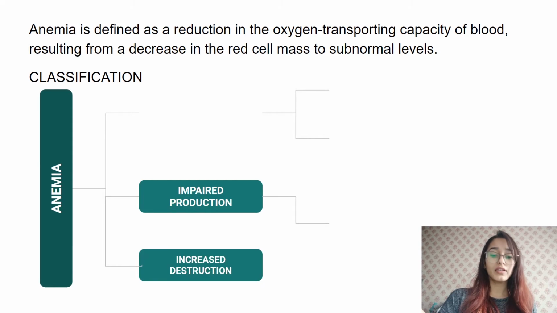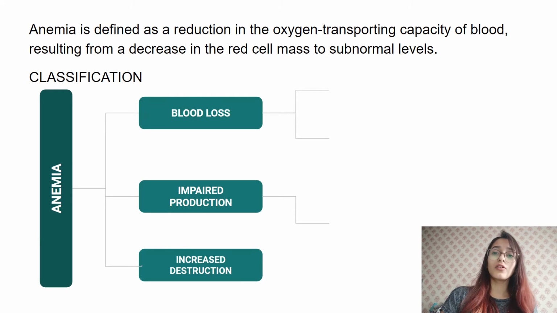So it can be increased destruction, also called hemolytic anemia, or they are produced normally and also not destroyed, but somehow the blood is lost, so the absolute number of red blood cells is decreased. That will be blood loss, or what we read in our classes, post hemorrhagic anemia. So obviously let's start with the blood loss.